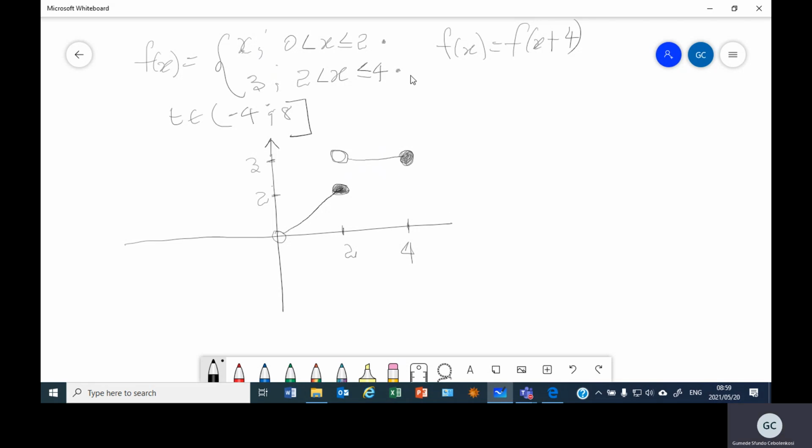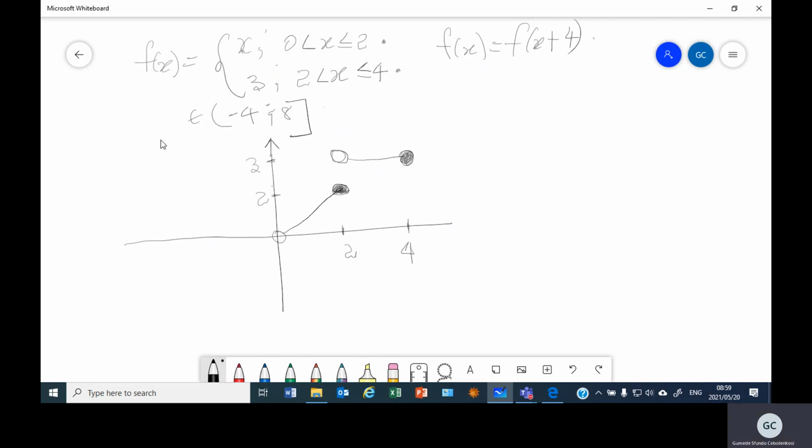Now the next thing is to look at these conditions. What is the period and what interval do you sketch? Where do you start? Where do you end? Now we use these two properties. It should be x here, sorry.